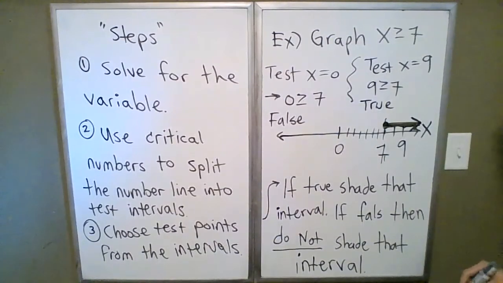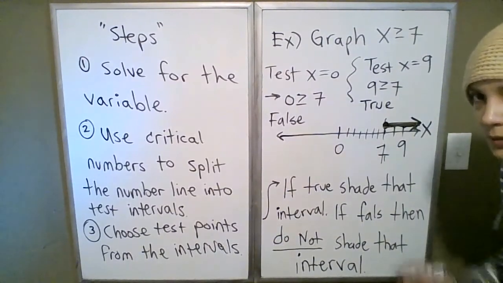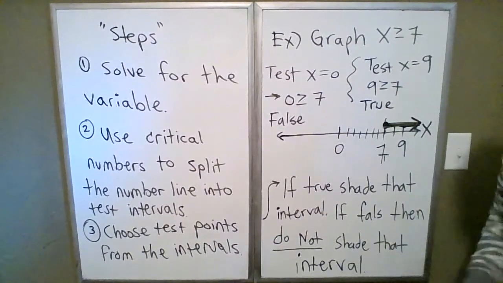All right, so we're going to graph -2 less than x less than or equal to 4.